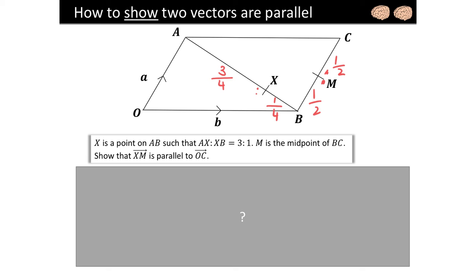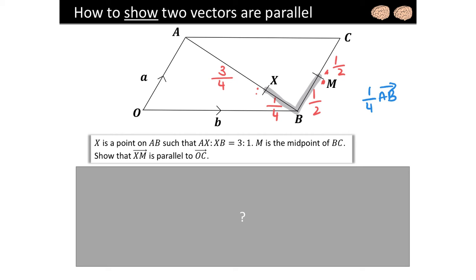Yeah? Show that XM, okay? So what I like to do is XM, I do that first. If I start at X, and I go to M, is everyone happy? Yeah? This is how I'm doing X to M. If I look at this, what have I actually done? I've done a quarter of AB in this direction.